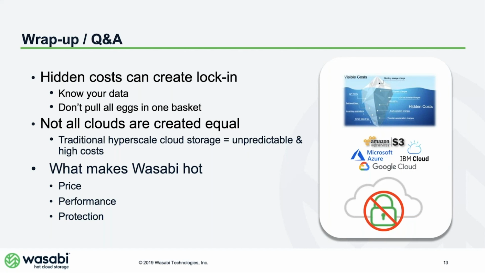Another question was, can you directly restore VMs to Amazon or Wasabi without going through on-prem? Can you direct restore VMs from Wasabi to Amazon or someplace else without going through your prem? You can. We have a few customers that have a Direct Connect between AWS EC2 and Wasabi.